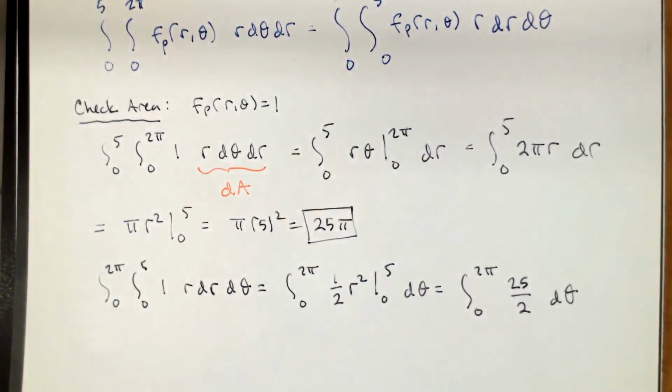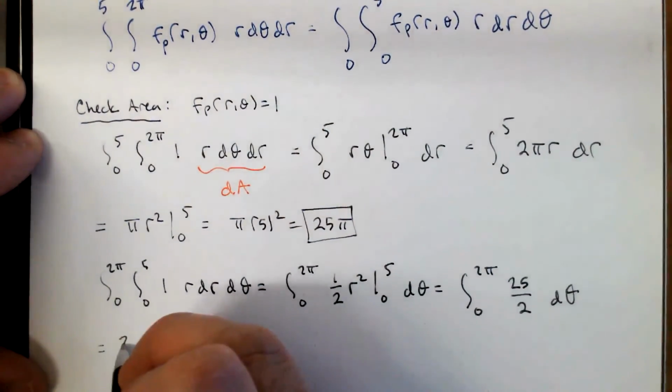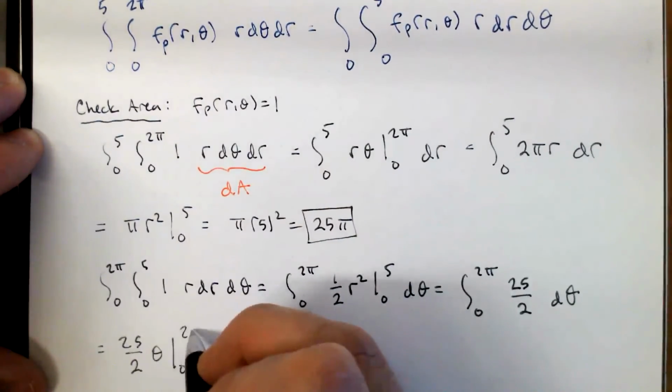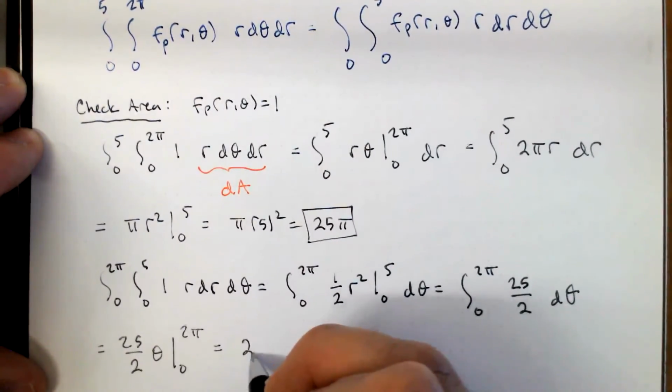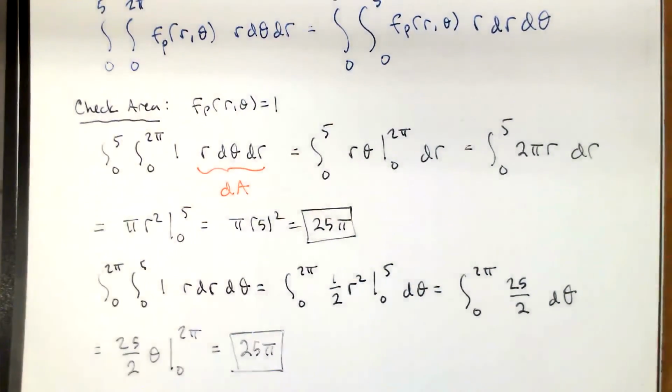Now we just need to integrate with respect to theta. The integral of 25 over 2 is 25 over 2 theta. And we evaluate from 0 to 2 pi. And we still get 25 pi, the area that we knew we would get.